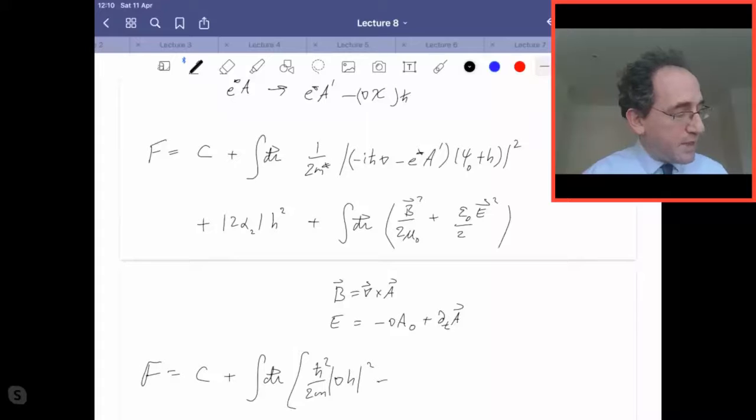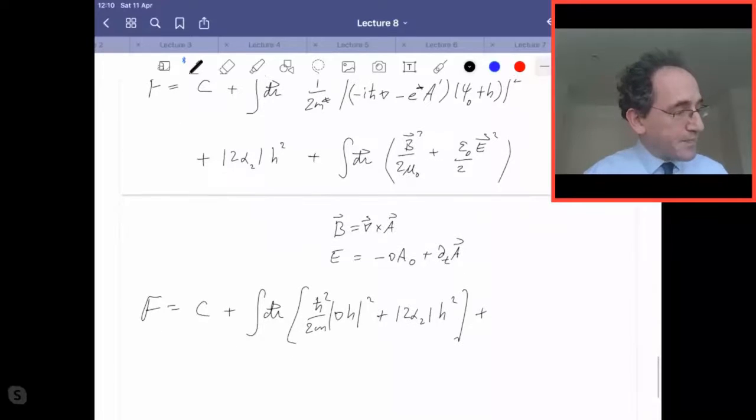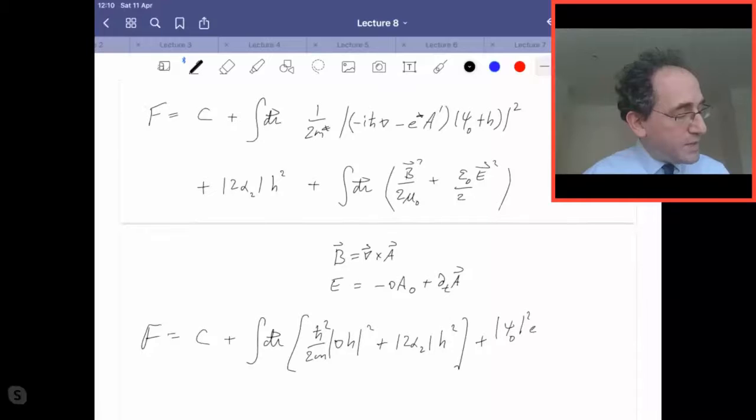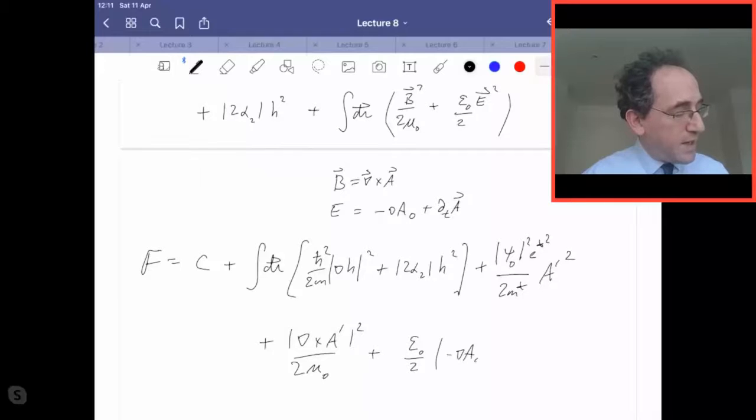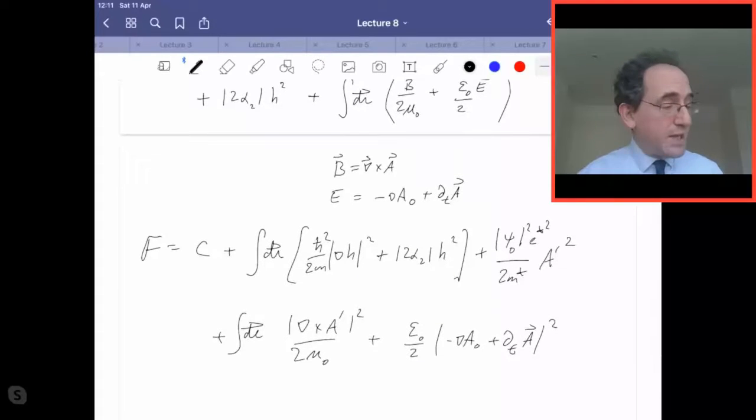That's the fluctuation up and down the hill, plus 2 alpha 2 h squared, plus psi naught squared e star squared over 2 m star times a prime squared, and then plus the electromagnetic terms, del cross a prime squared over 2 mu naught, plus epsilon naught over 2 minus gradient a, dt a vector squared. Okay, good.